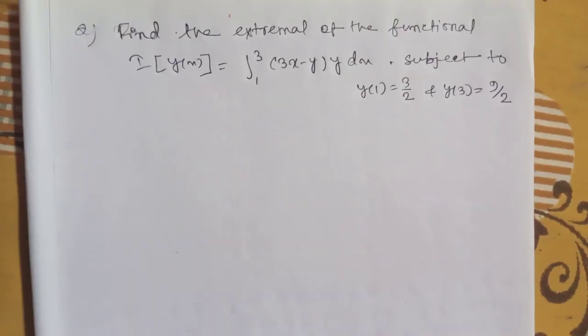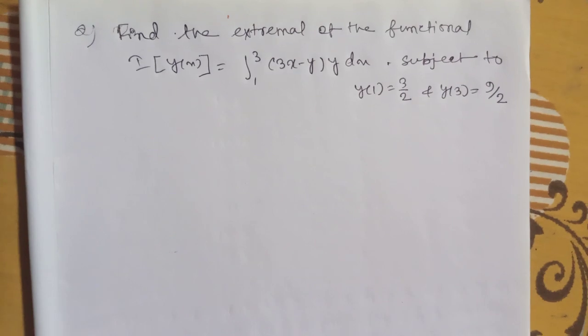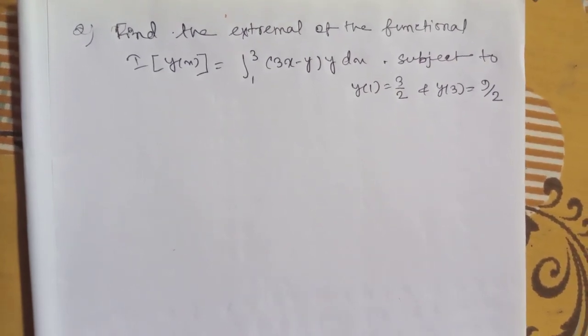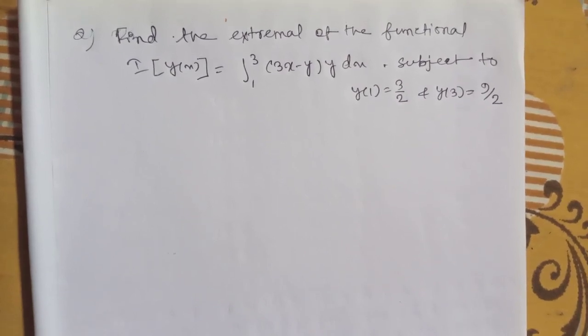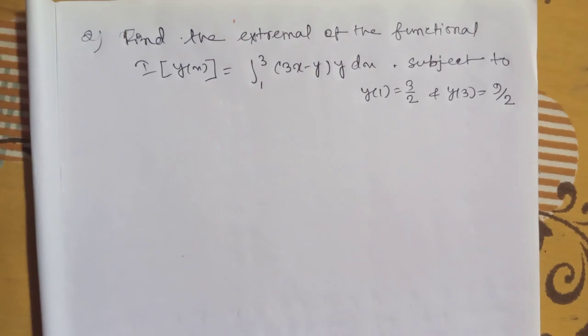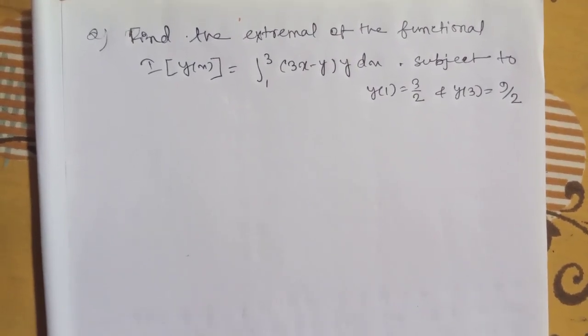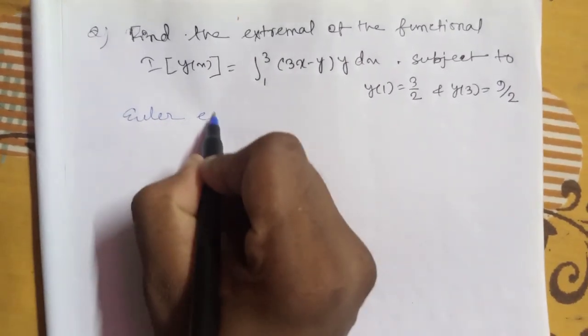Now our second example. Find the extremal of the functional I[y(x)] equal to integration 1 to 3 of (3x minus y) into y dx, subject to y(1) equal to 3 by 2 and y(3) equal to 9 by 2. Now what do we have to do to solve this question? We have to write the Euler equation, right?